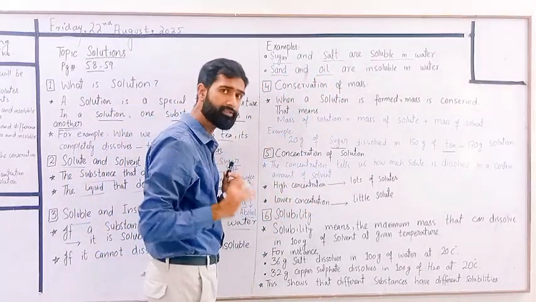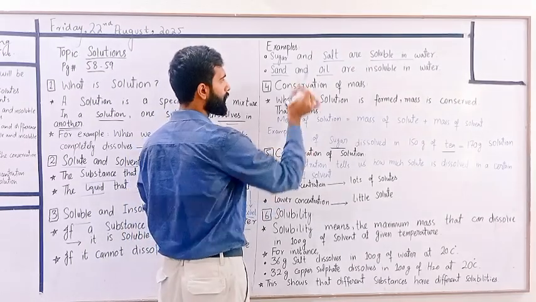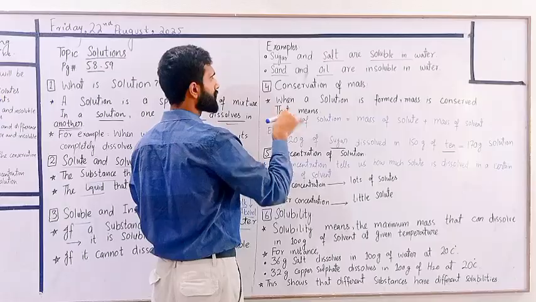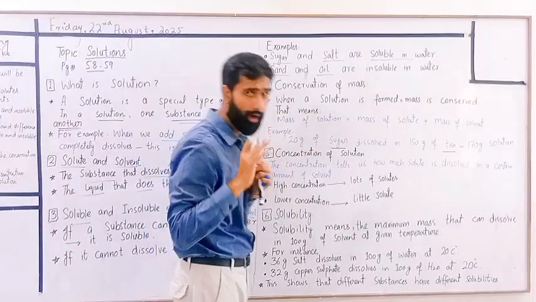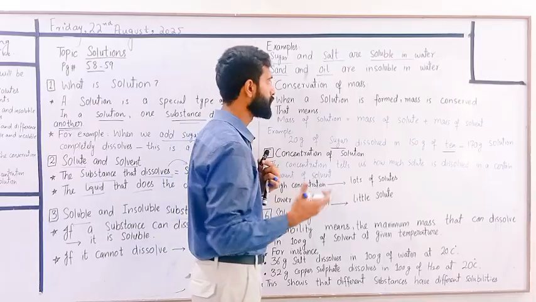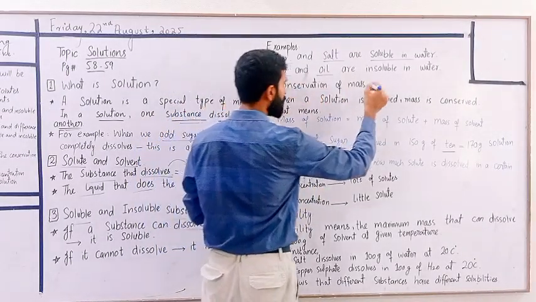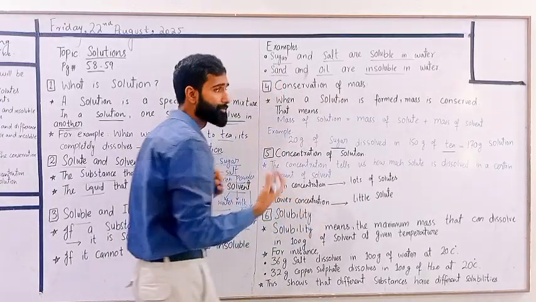These are insoluble in water. If you pour oil or sand into water, they do not dissolve. They make a cloudy or muddy mixture. That's why we call sand and oil insoluble substances.